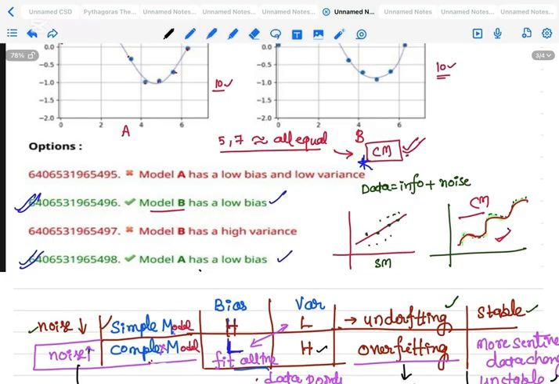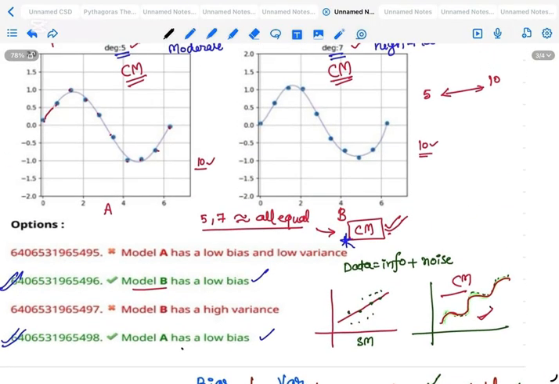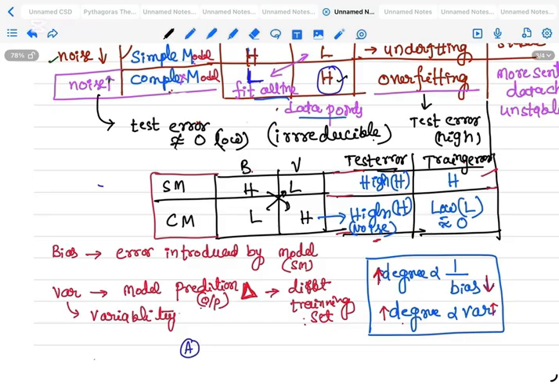Why does the complex model have high variance? The option that model B has high variance is the wrong option. Why? Because B has high variance since B's degree is 7, which is higher than A's degree of 5. So B has high variance compared to model A. But we don't judge based on only the training data.